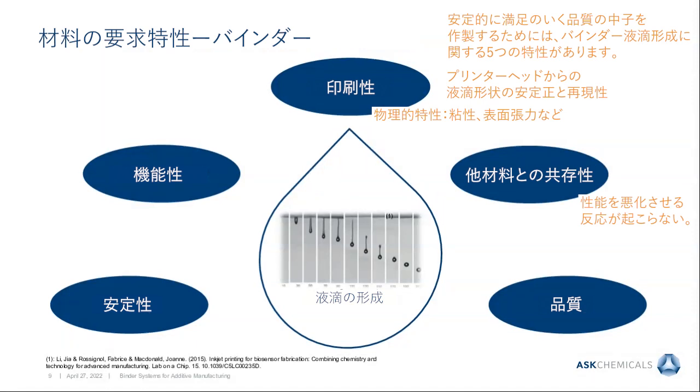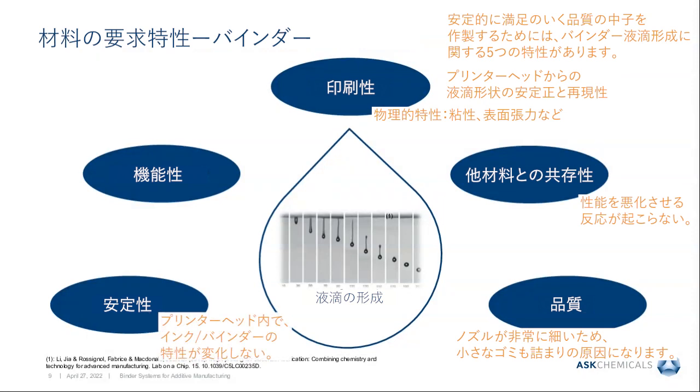So the binder or the printing ink has to be free of any particles which could clog the nozzles, for example, or any impurities that could hinder the printing process. Stability refers to the inks or the binders being very stable in the printhead and not changing properties, so that printing, even after short periods of inactivity, is still ensured.